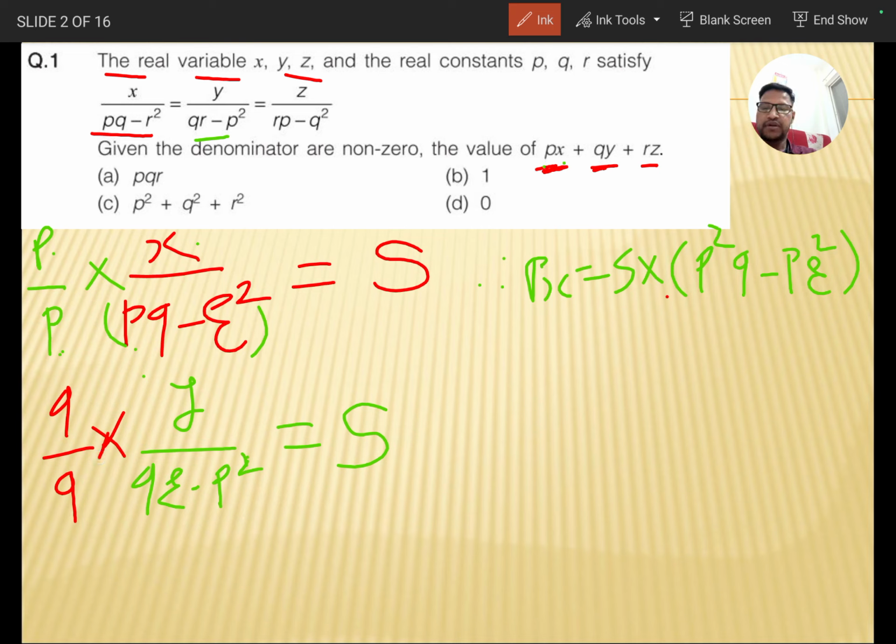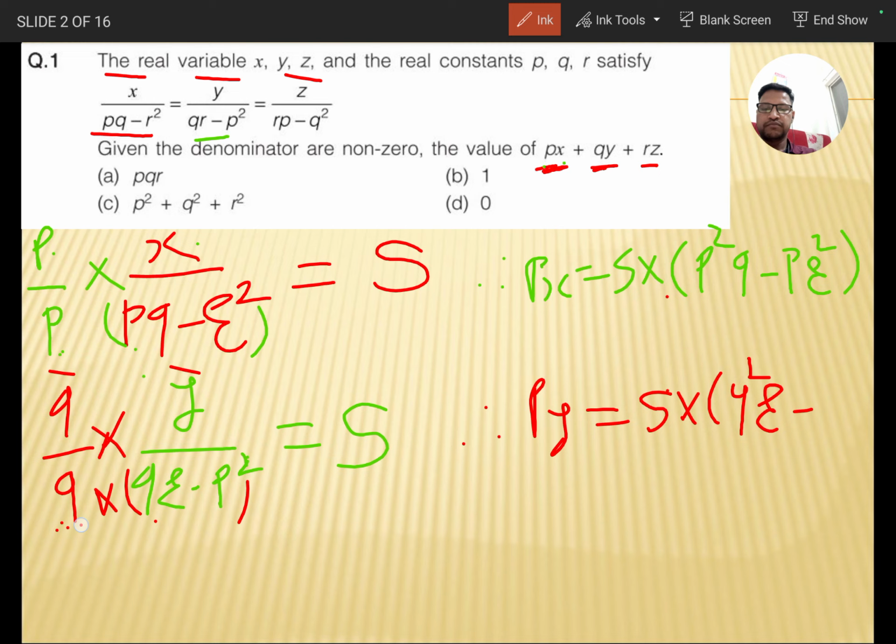So that's why I multiply and divide by these terms. Now what I get is qy, and is equal to s multiplied by q and this q, so q square into r minus p square into q.